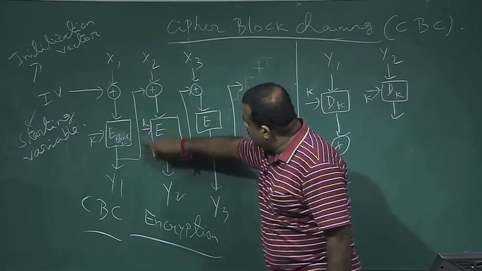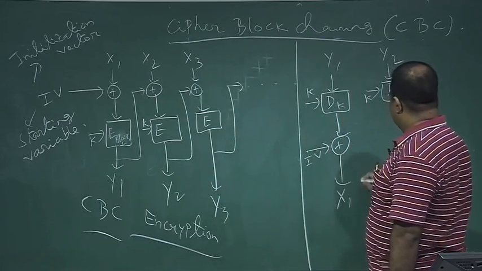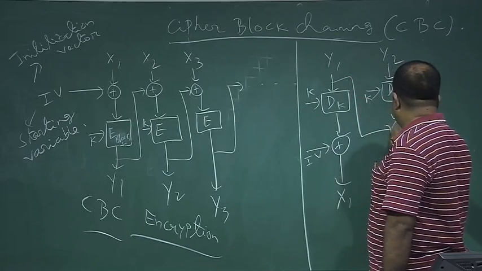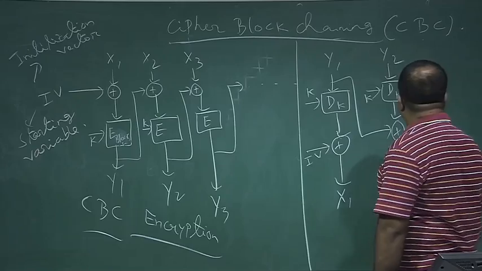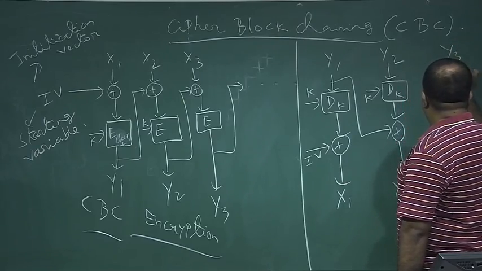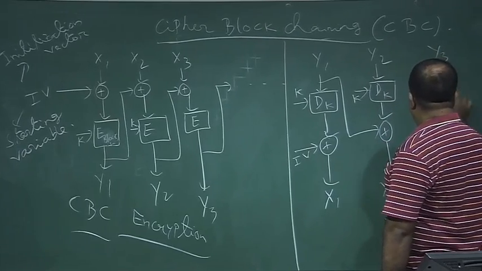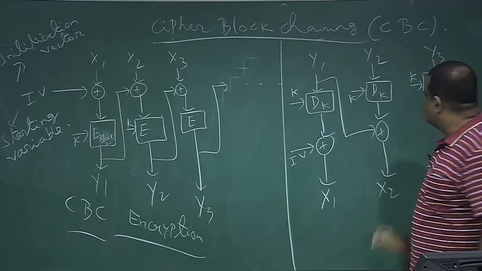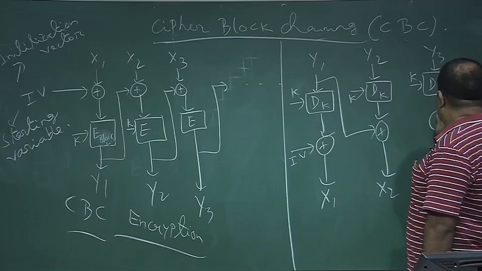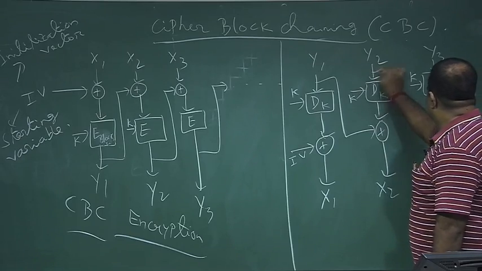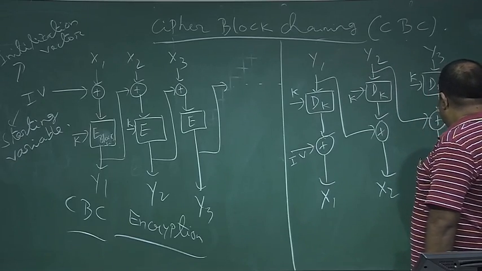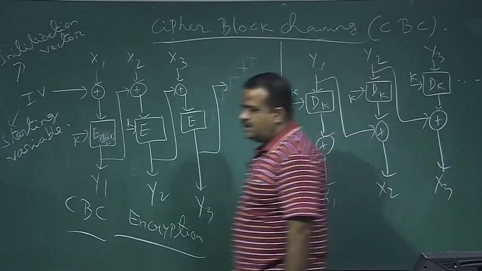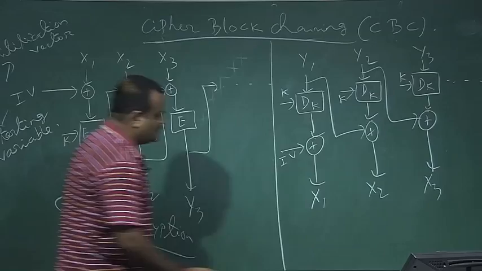Now, we have to XOR with this y1, and this will give us x2. Similarly, y3, D k. So, this is with the same key. We have to use the same key. This is basically this one. This is x3, dot dot dot. So, this is the CBC decryption.